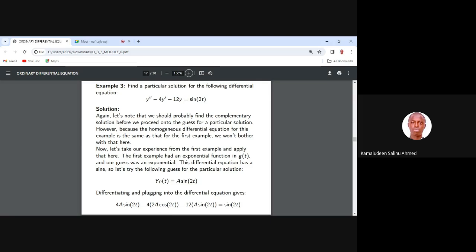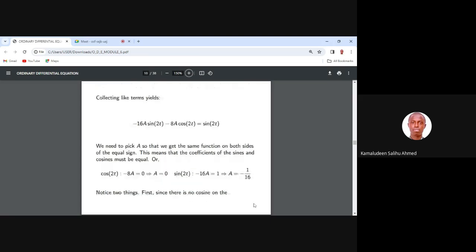Minus 4 is from the equation, which is a constant. 2a cos 2t is when you differentiate this one. Then minus 12 from the equation. Then y, you just substitute the y directly, is equal to the right hand side, which is sine 2t.